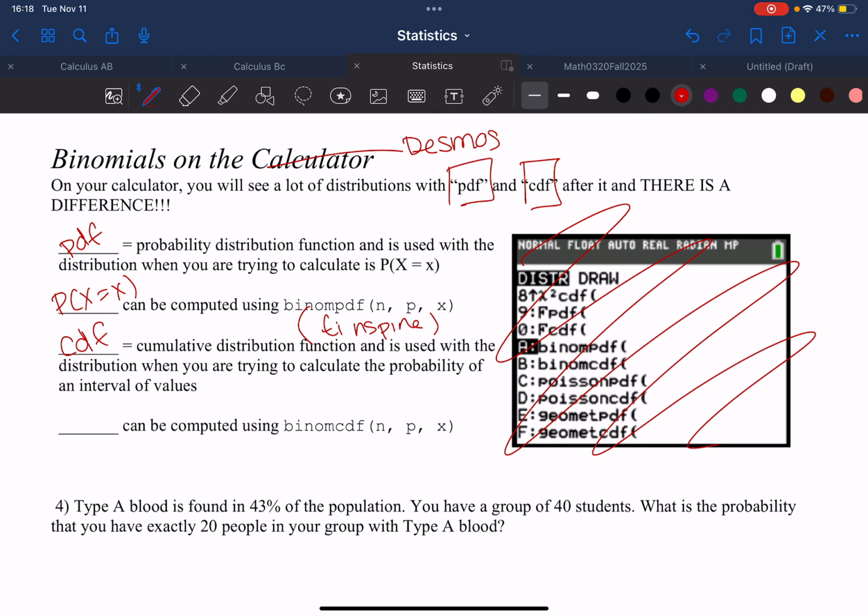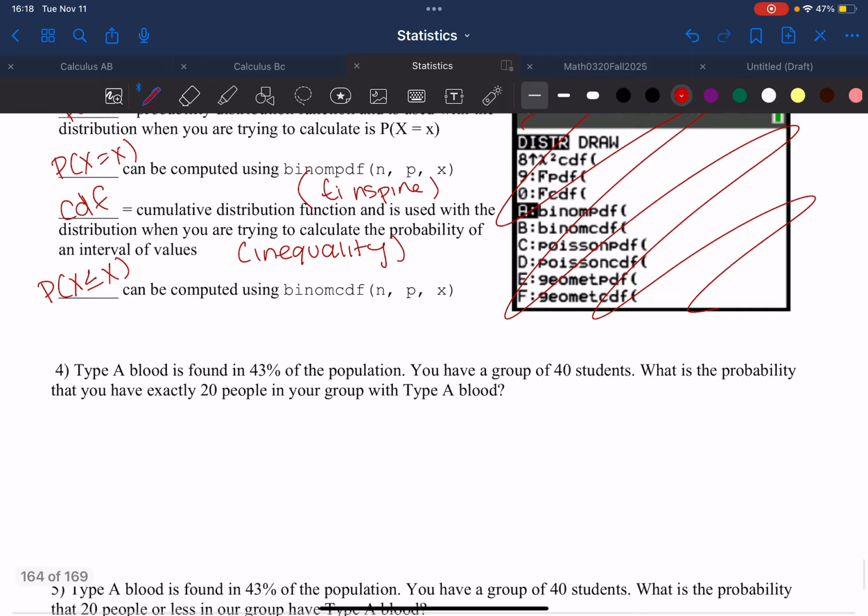CDF, or cumulative distribution function, is used with the distribution when you're trying to calculate the probability of an interval of values. In other words, we have an inequality sign. So that's like saying probability of X less than or equal to X. Okay. So let's look to see how that would look like on Desmos.